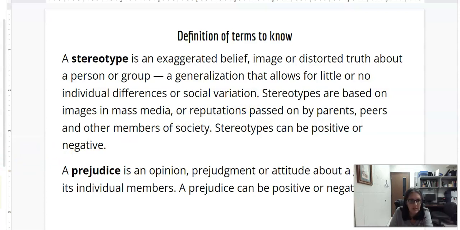I can have a stereotype that, I'm just trying to think, there are so many of them right now. But one example is that people say that blondes are dumb, right? That's not accurate. That's a stereotype. Okay, there are all kinds of racial stereotypes, sexist stereotypes, all kinds of things.